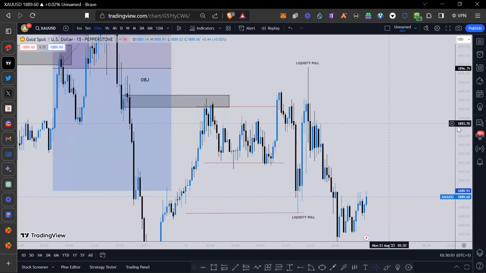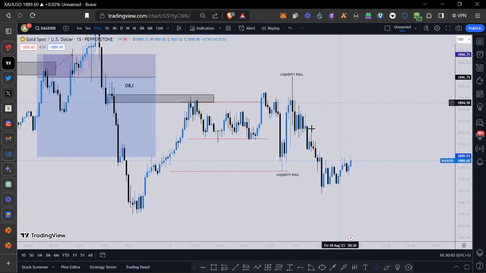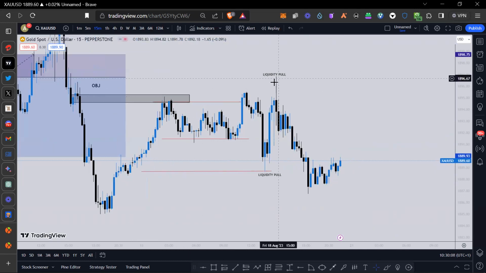As you can see, what happens here immediately, price was supposed to move downward, but after the news, we got a move that came up to this level. This is a liquidity pool.